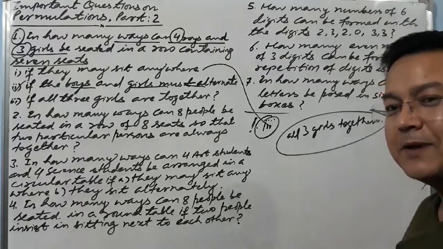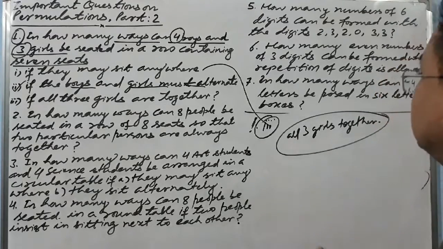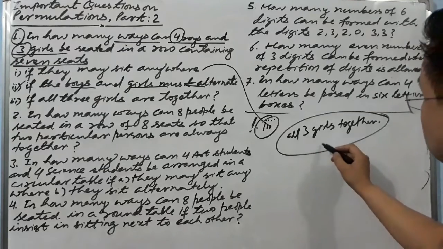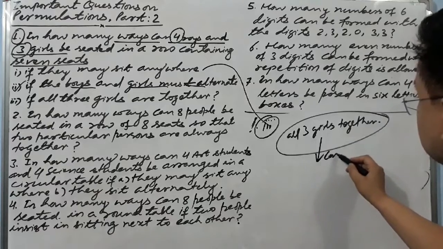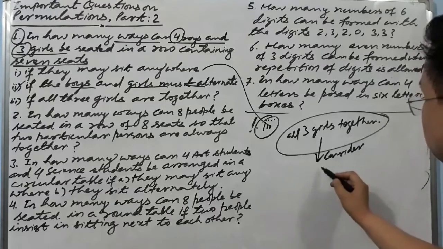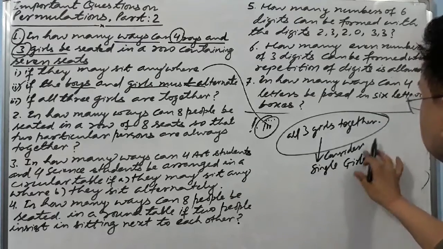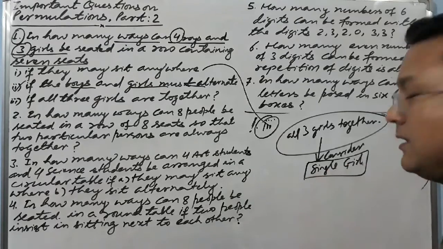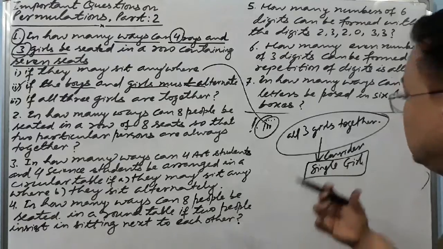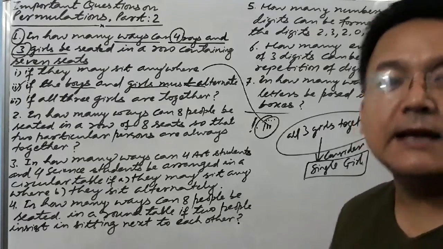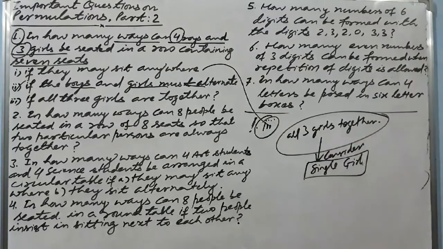As I told you in many videos earlier, how do we find arrangements when they must be together?